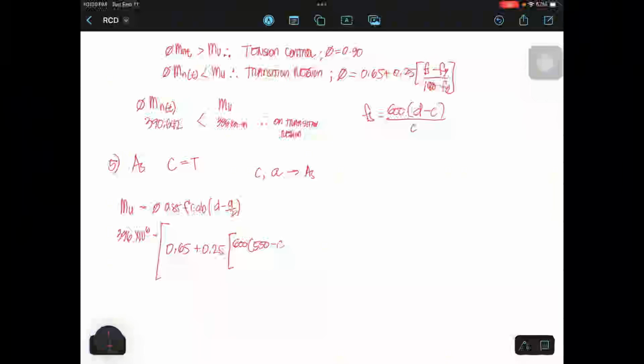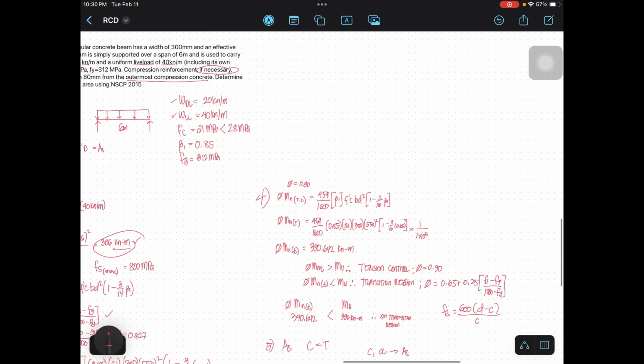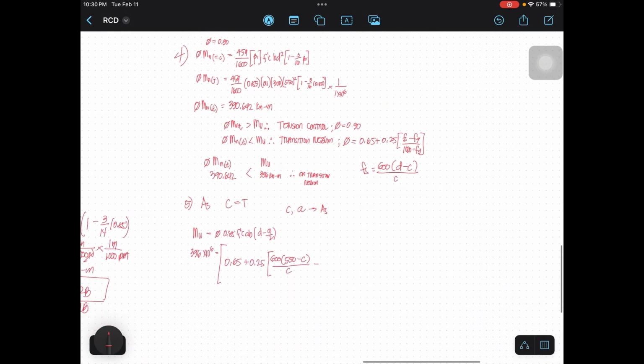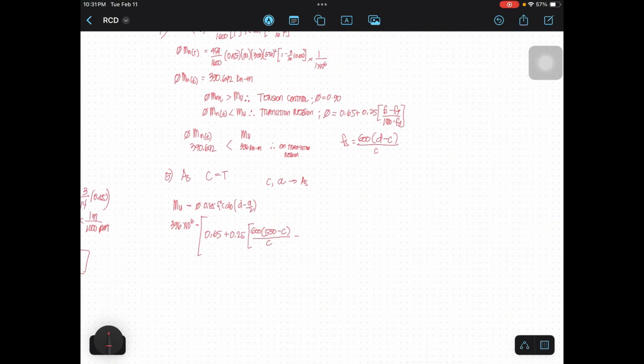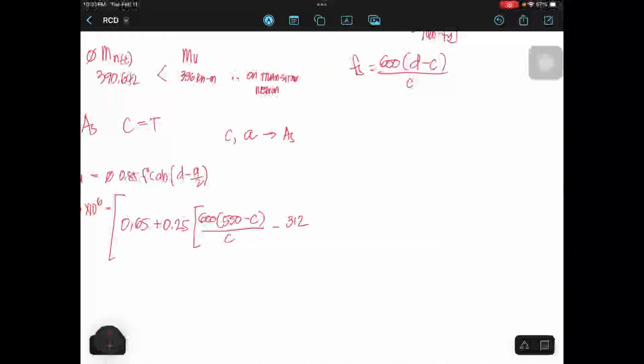minus the distance from the neutral axis over C, minus Fy. Our Fy is 312, minus 312, over 1000 minus 312.